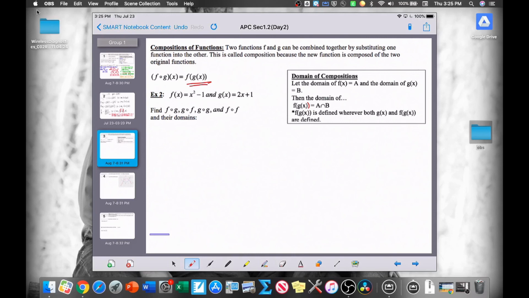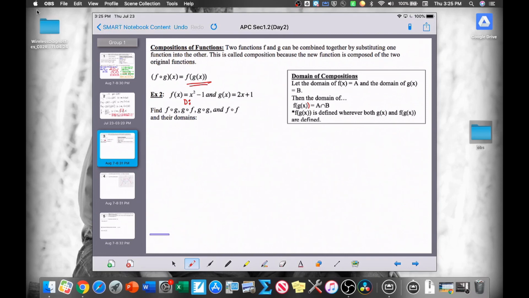All right, so for this example, they're just asking us to find 4 different compositions. Well, as we said in the last problem, we should do our domain work first. But for this one, it's going to be pretty easy because f of x you could think of as a polynomial function, or you could think of it as a power function with a transformation.